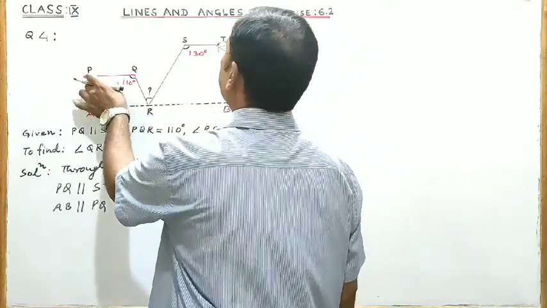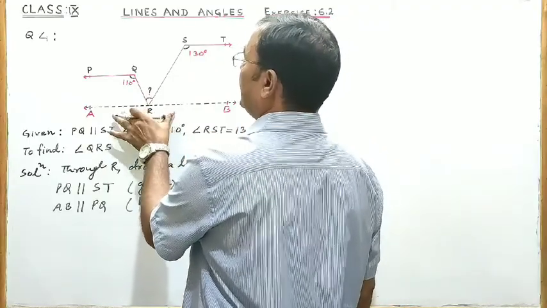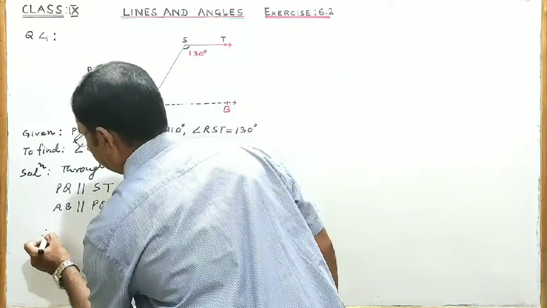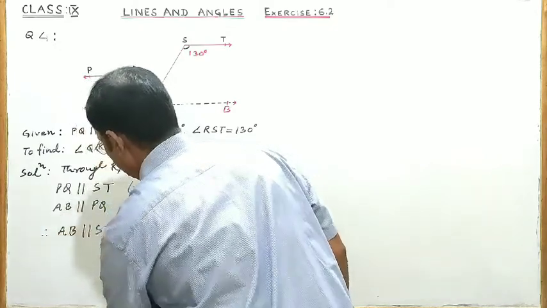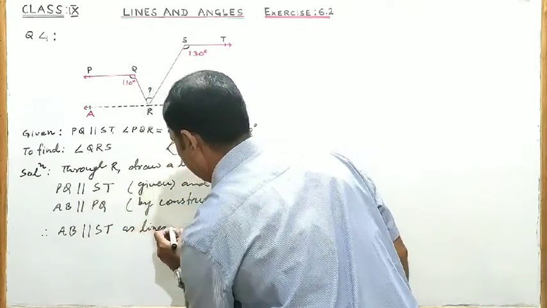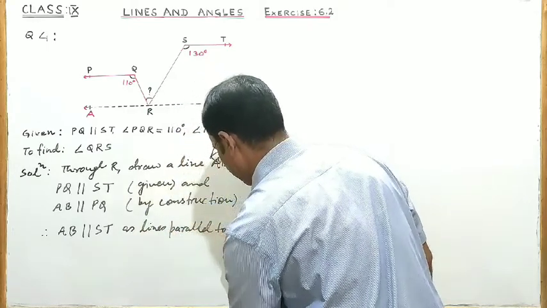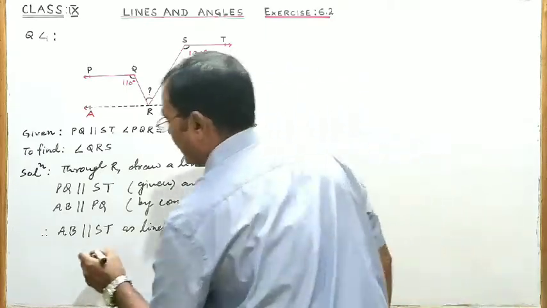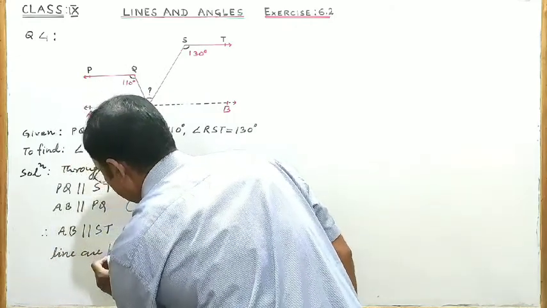So here PQ is given parallel to ST, and we have constructed a line through this point R, AB parallel to PQ. So therefore AB is parallel to ST, as lines parallel to the same line are parallel to each other.